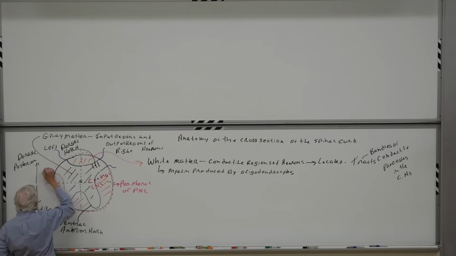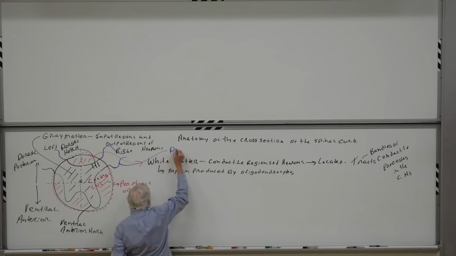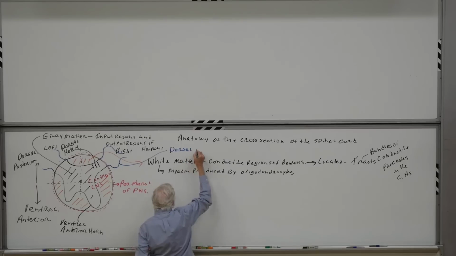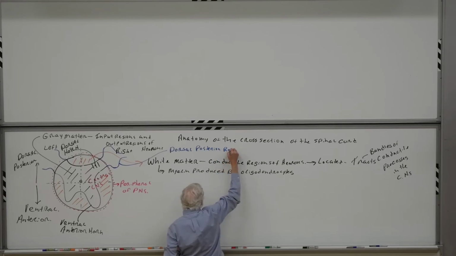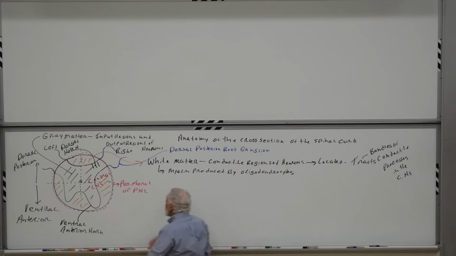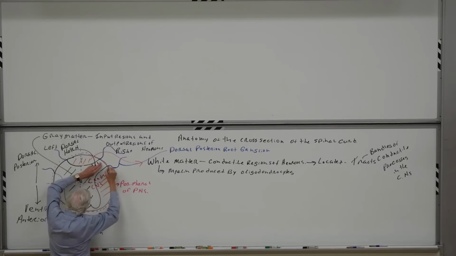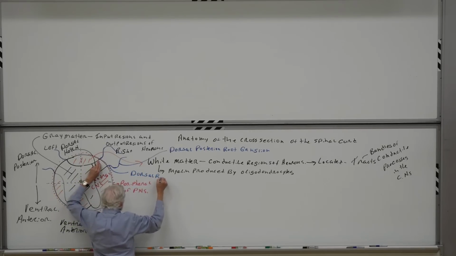And extends out into a region here, which is kind of a bulbous structure, called the dorsal or posterior root ganglion. The posterior root ganglion is found as an extension of this short segment here known as the dorsal root.